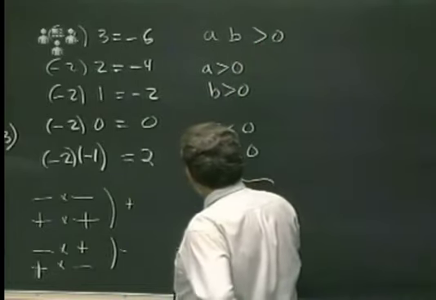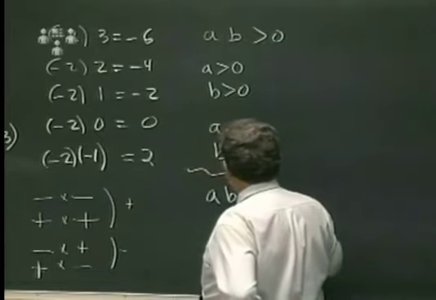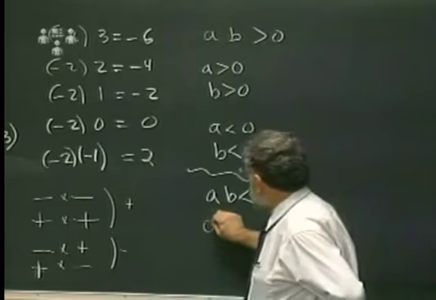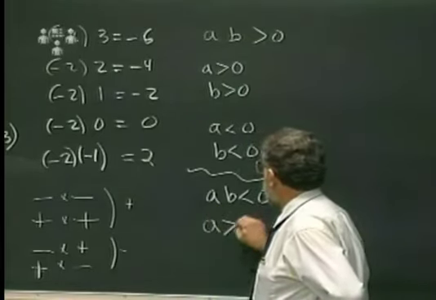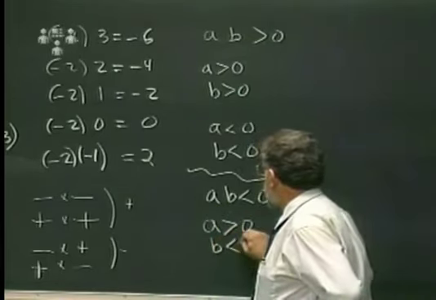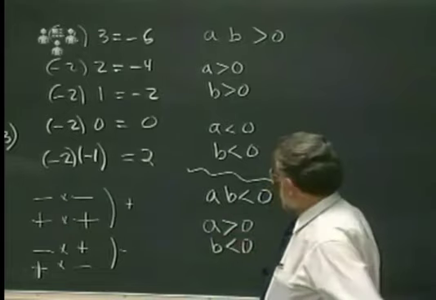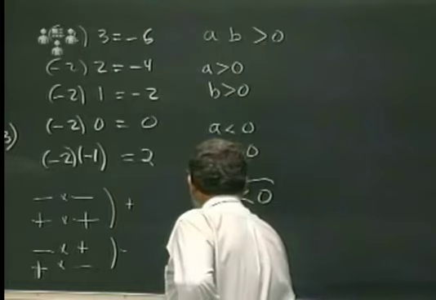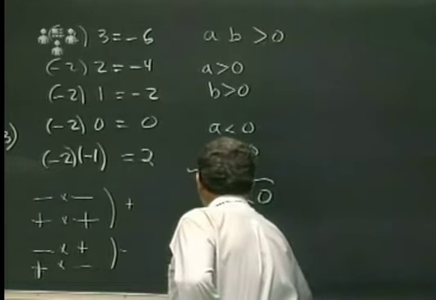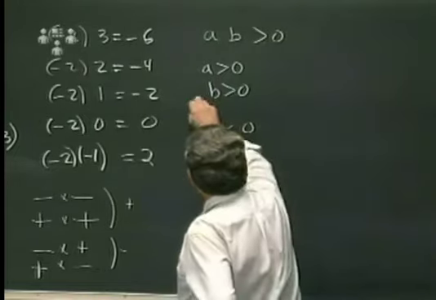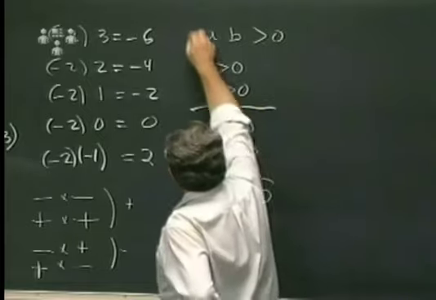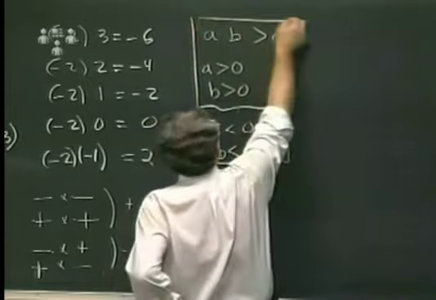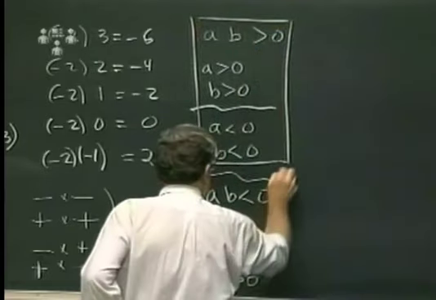Now, when is AB less than 0? The product. Well, that's when A is positive and B is negative, or when A is negative and B is positive. So we have these two here and these two here. So this gives you the general rule in terms of notation, and this gives you the other one.